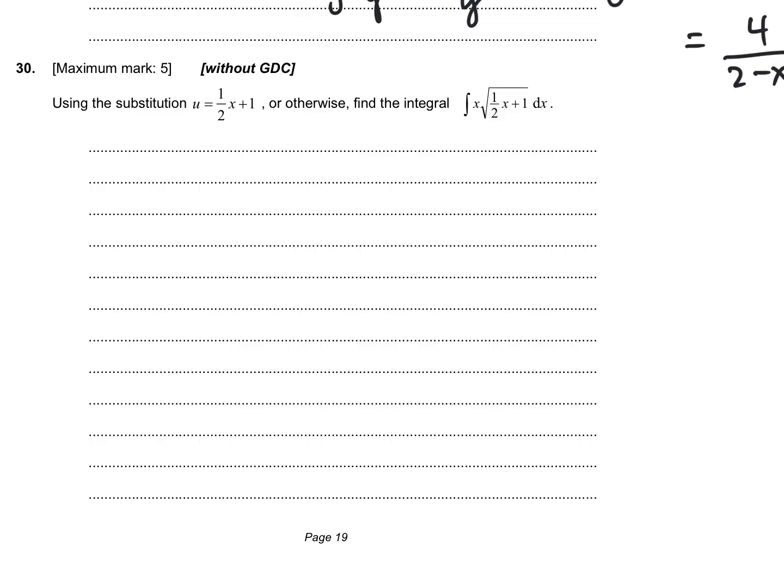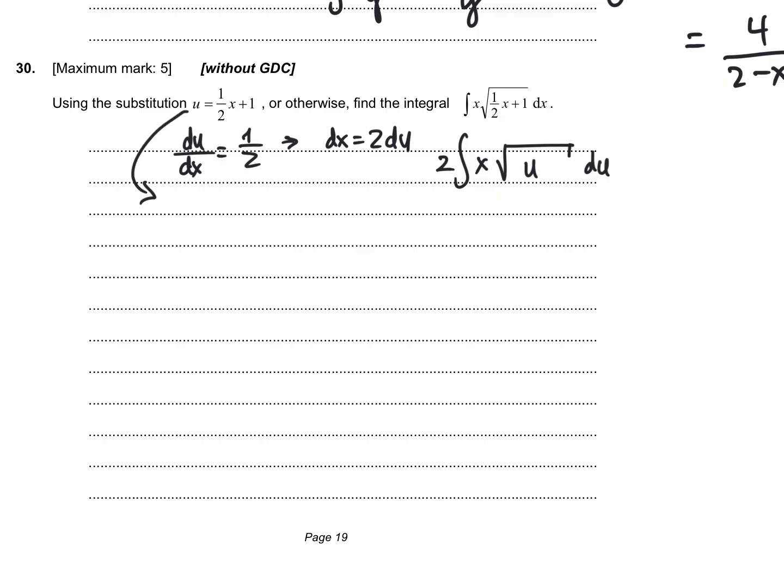Okay, so this one, we're going to have du/dx is 1/2, so that dx is 2 du. And this becomes x square root u du, and then the 2 on the outside. So we will solve this for x.